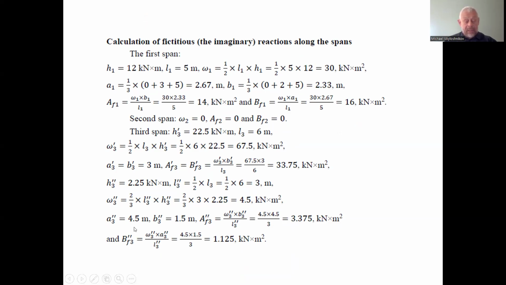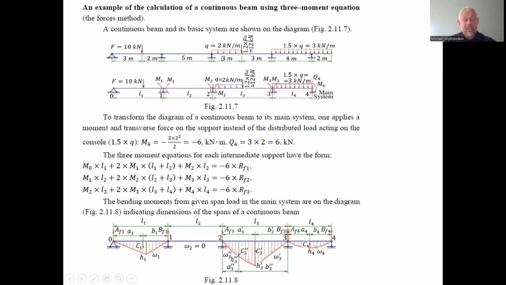And after that, we can find A3 two strokes and B3 two strokes, the distance from the right and from the left hinges of the single span number 3 to the center of the area of the bending moment diagram caused by the distributed load, as we consider the distributed load for this left half of span number 3.